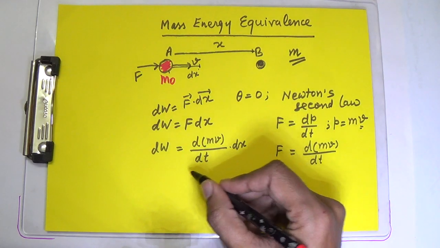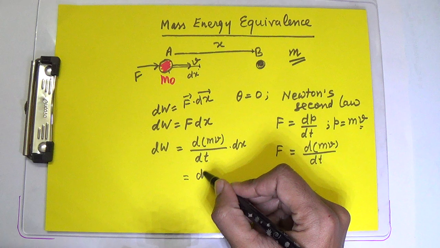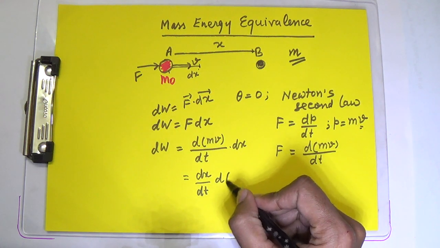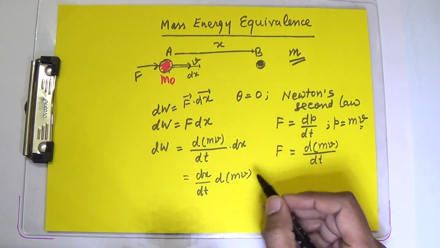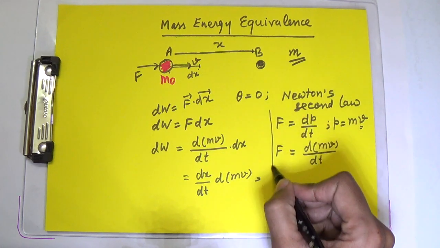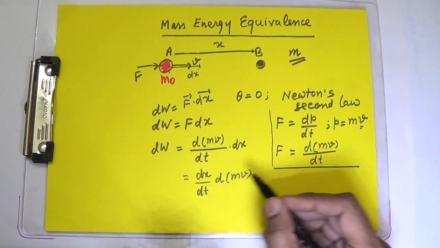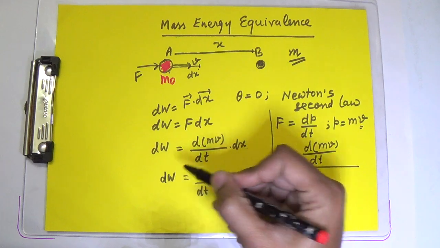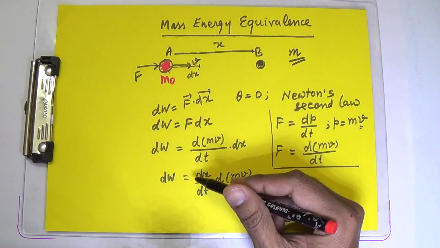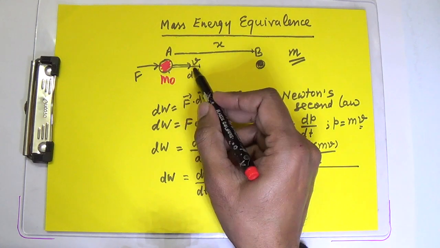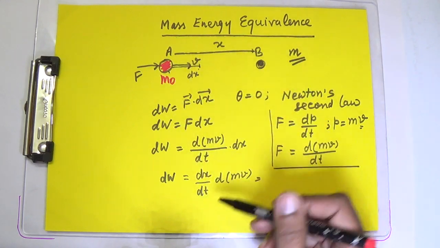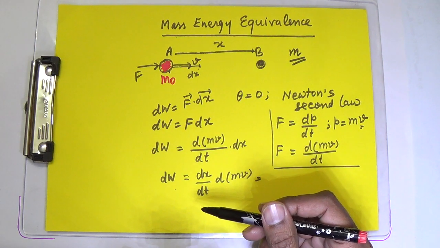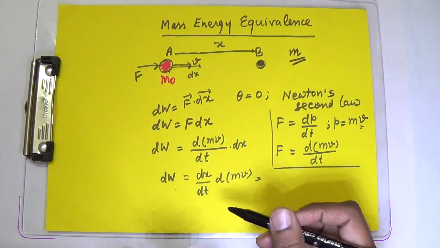Further, one can rearrange the terms. We can write dx upon dt and d(mv), and dx upon dt is equal to v. So dW, the work done from the origin up to this very small distance, appears in terms of the kinetic energy.